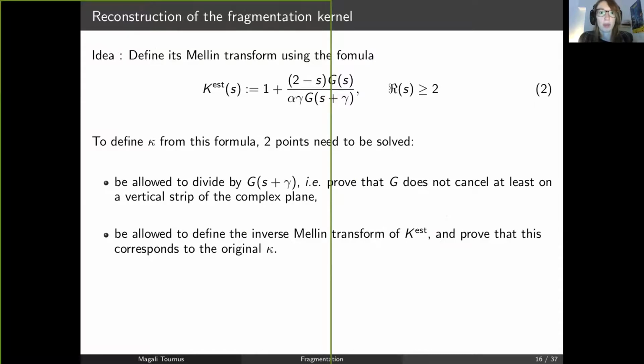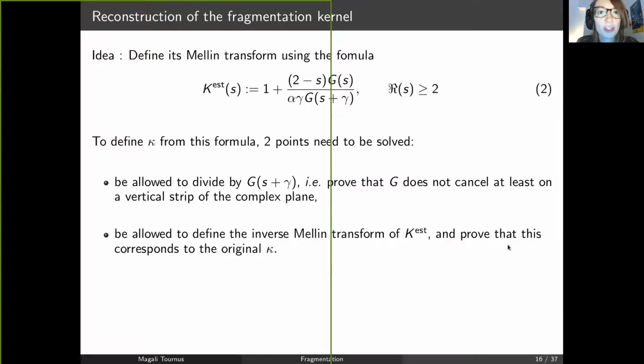Now we wanted to have a reconstruction formula for kappa, because this cannot be used. You need to use a theorem that extends K from the real axis to the whole complex plane.